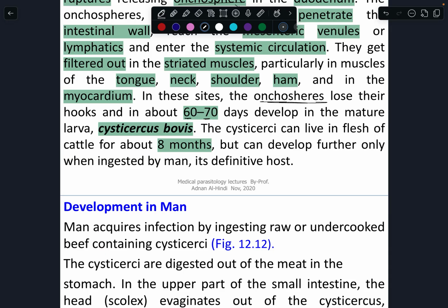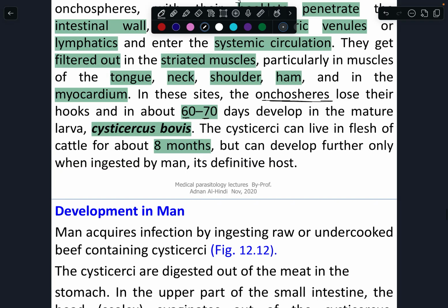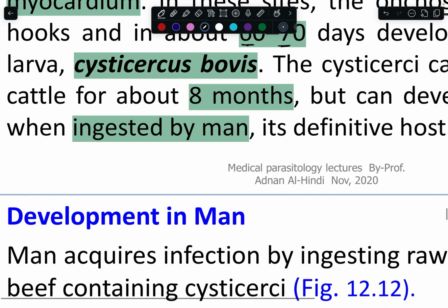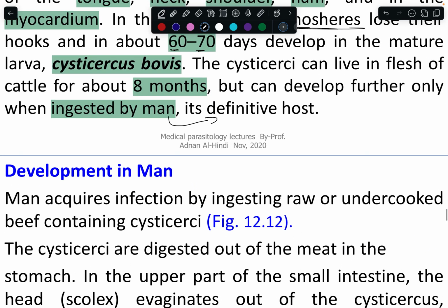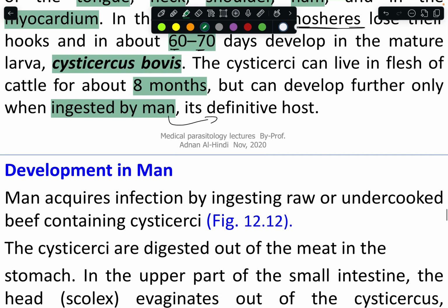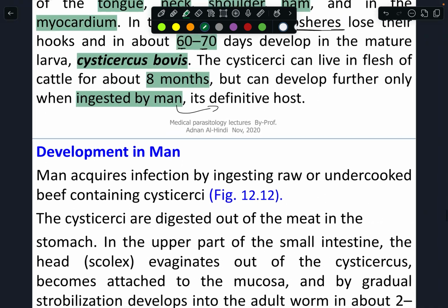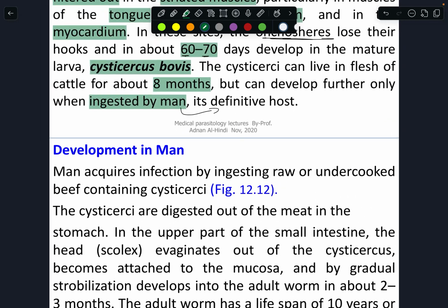The cysticerci can live in the flesh of cattle for about 8 months, but can develop further only when ingested by man. That's why the cattle are called intermediate and the human is called the definitive host, because they do not develop fully. Development in man, the definitive host.